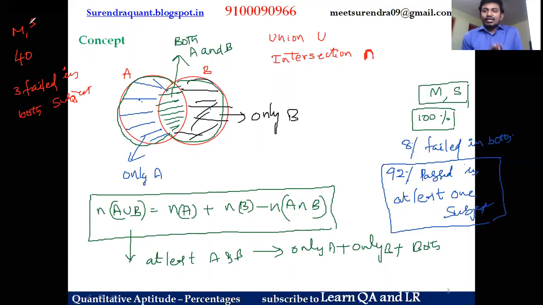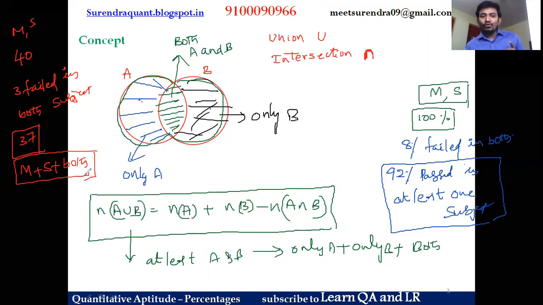So if 40 students take math and science, and a statement says 3 failed in both subjects, what do you mean by this? Out of 40, if 3 failed in both, remaining 37 will pass either math or science or both. But it doesn't include the total number of students who pass in both. That is absolutely wrong assumption.